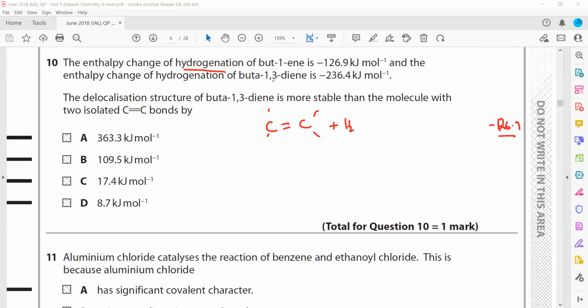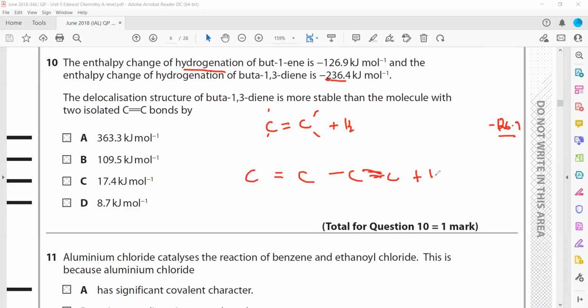Buta-1,3-diene means four carbons, with a double bond at the first position and the third position.